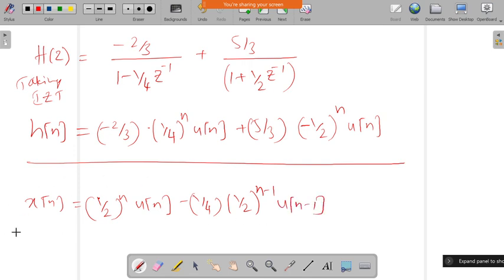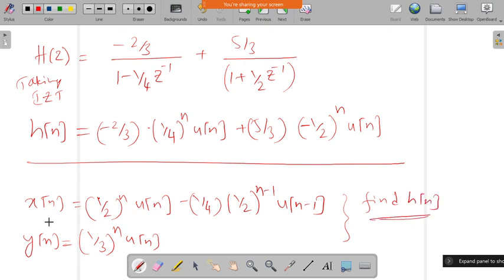So this is your x of n, and y of n is given as 1 by 3 power n into u of n. Now these are the inputs which are given. Find the impulse response h of n. So try to solve this one and get the answer. We will see it tomorrow.